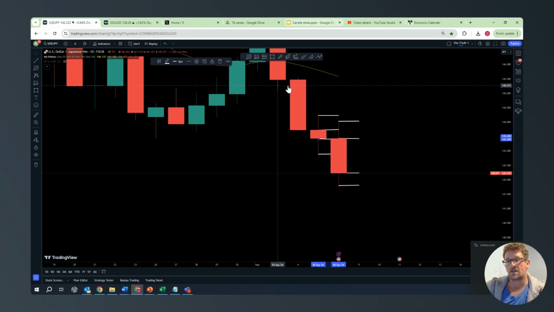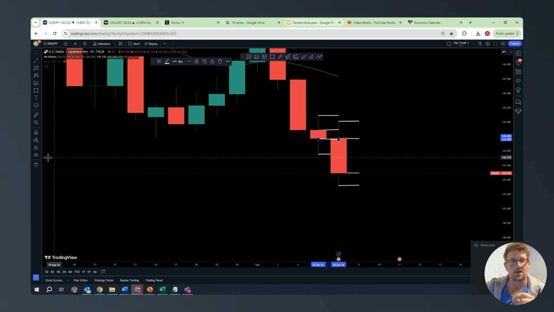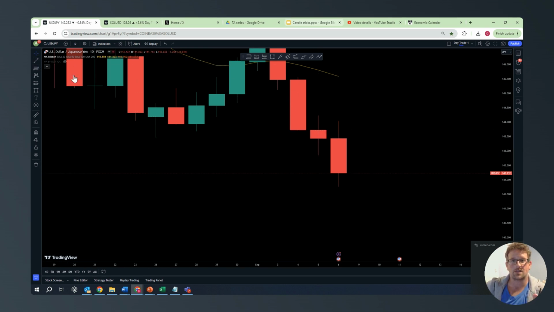When you're looking at the daily, you can generally expect a bit of reaction. So let's say if you're looking at the previous candle, you have your low here. This is where the previous day closed.